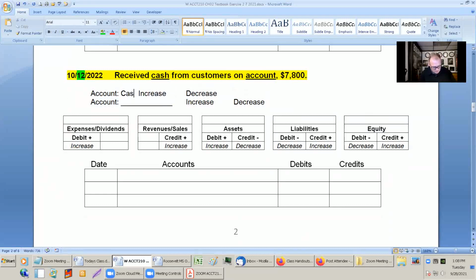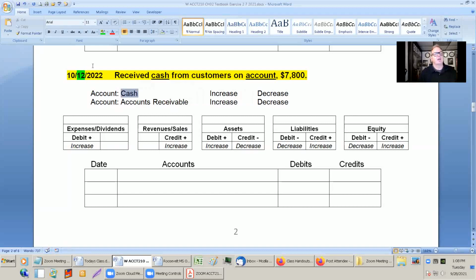Is cash going up or down? Up. And accounts receivable? Down. Yep. Okay, so cash is going up.